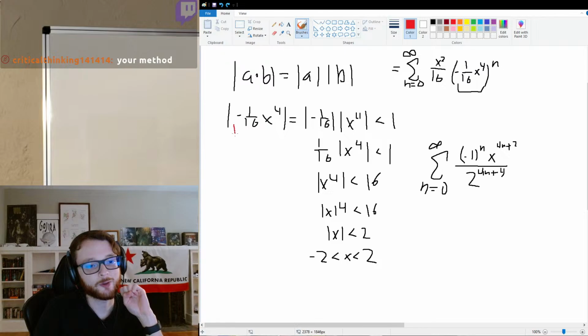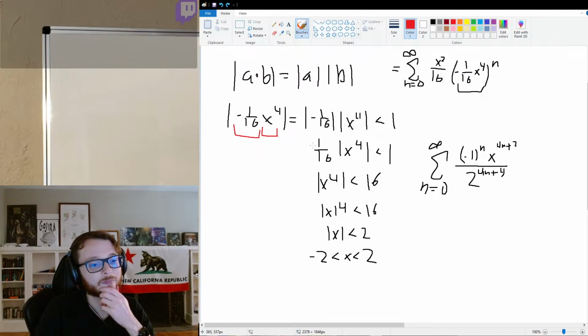we have the absolute value of two things being multiplied here. And the absolute value of two things multiplied is the same as taking the absolute value first and then multiplying after. And I'm doing that because of this pesky negative sign. So we're able to group the negative sign with the 1 over 16 and then say the absolute value of negative 1 over 16 is positive 1 over 16.